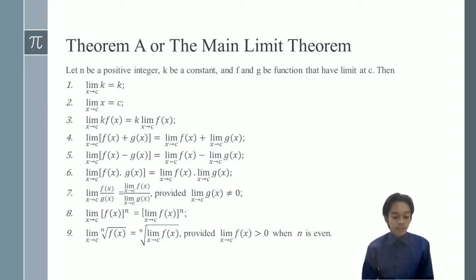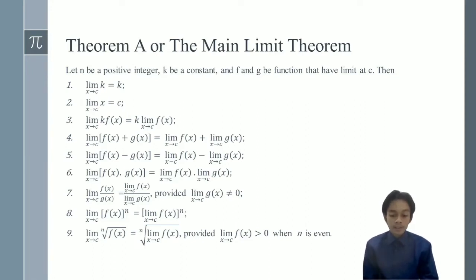Next, number 8, called limit of the nth power of a function. This states that the limit of a function with power n, where n is any integer, is simply the limit of the function raised to the power n. The next, last, number 9, called limit of the nth root of a function.